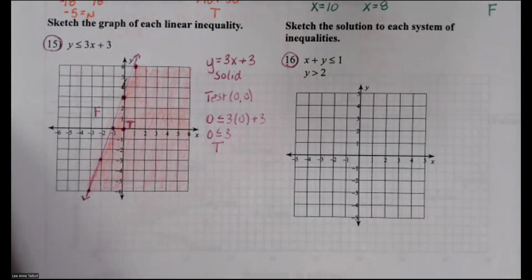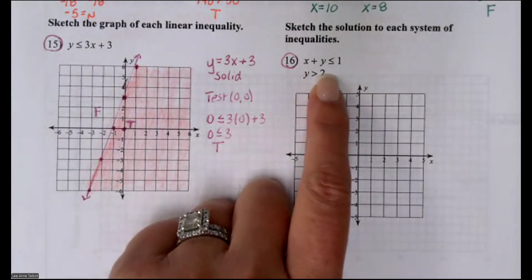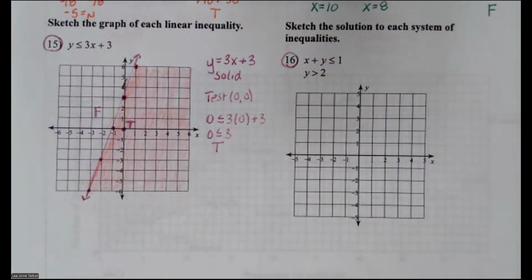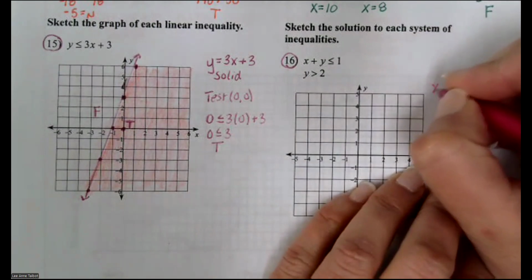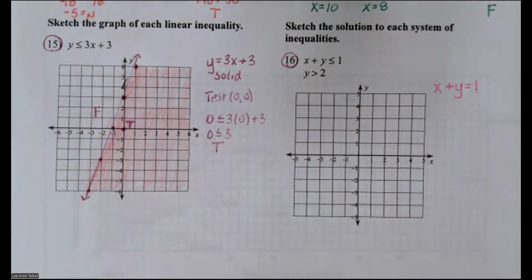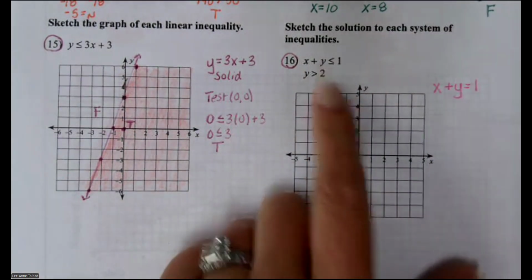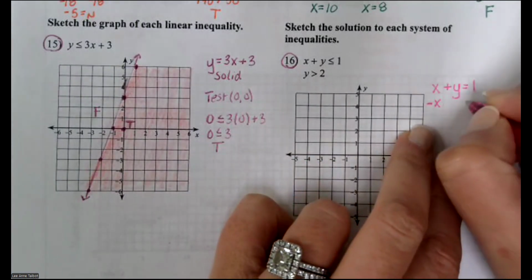Okay, moving on. Number 16. So this one, I'm going to switch out this pen because it's terrible. x plus y equals 1. So I'm doing the top one. And this one, I have to get y by itself to graph it.